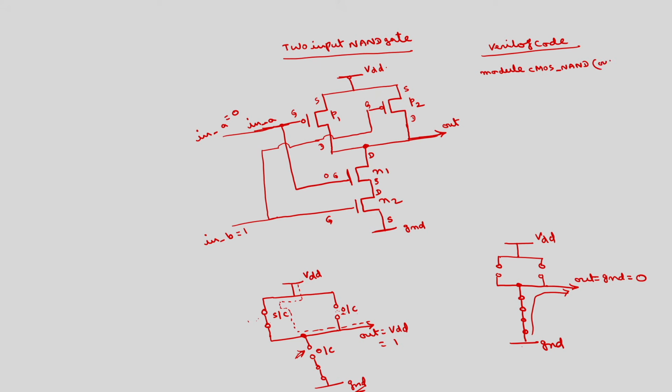So, output you are calling as out, inputs you are calling as in_A, in_B. Then we have output is out, input is in A, in B.